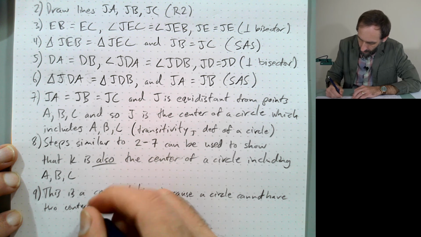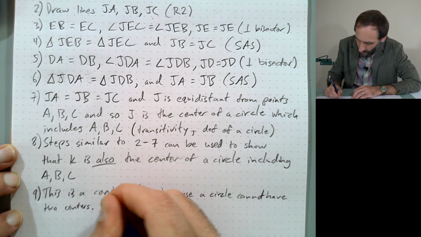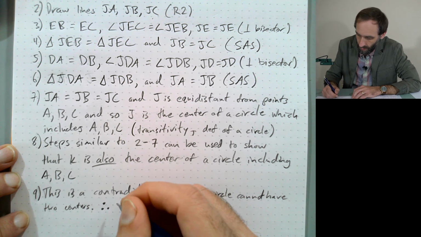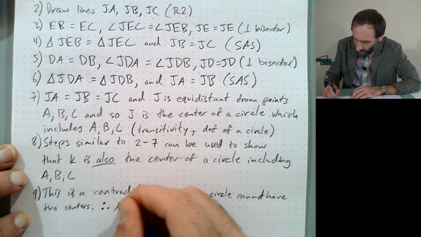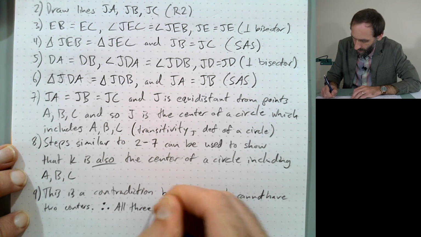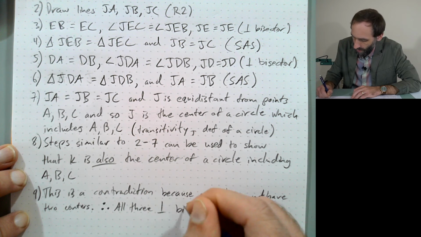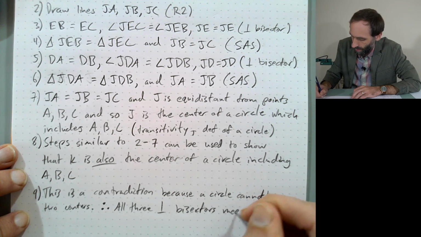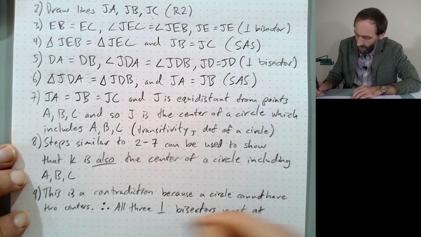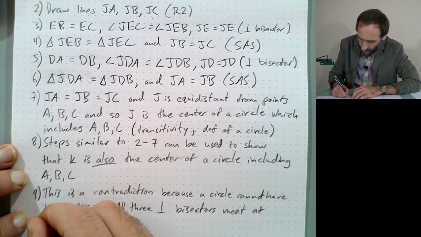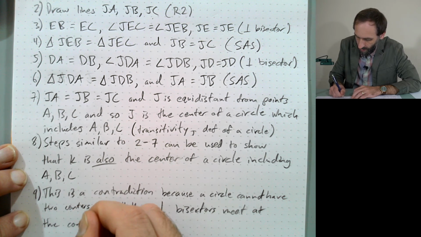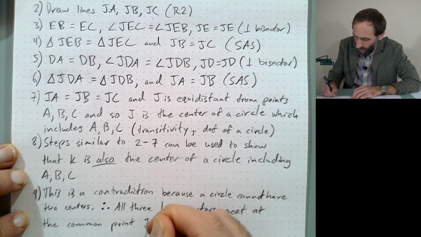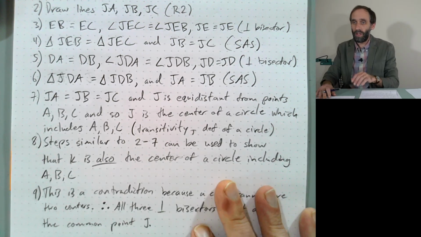Therefore, the three dots mean therefore. Therefore, all three perpendicular bisectors meet at the common point J in my diagram.